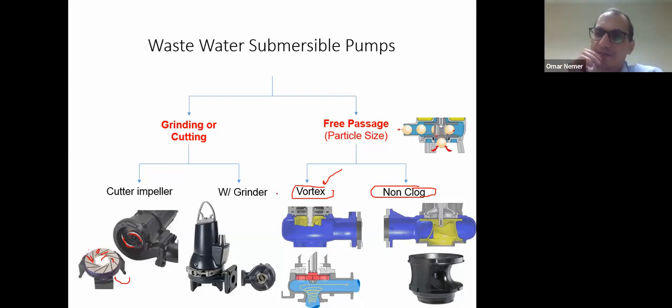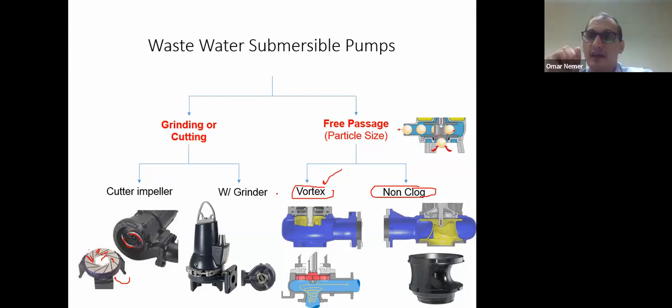Okay, grinder. Some people believe that the submersible pump for sewage must have a grinder or cutting part. And this is false. It's not a must. Why? Because non-clog and vortex are also designed for wastewater, and they are very good in that.